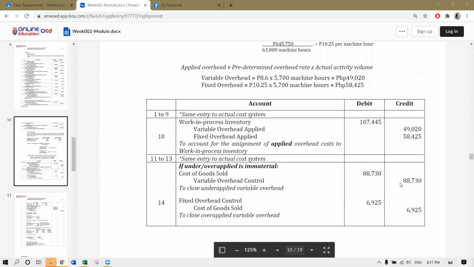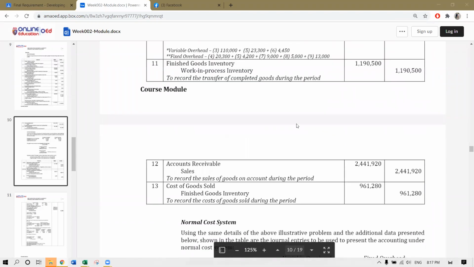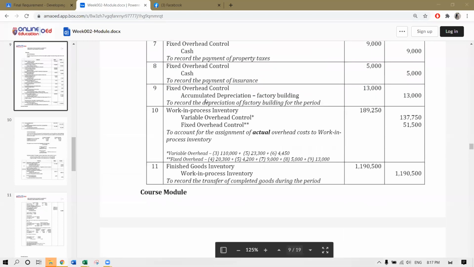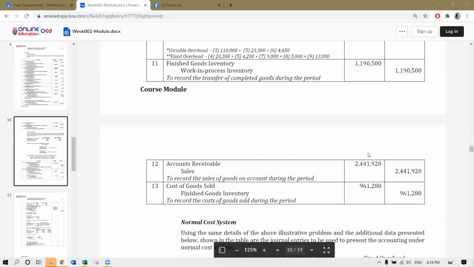Let's check whether the fixed overhead applied is under or over. Let me check the fixed overhead cost. Here is the actual, since we are using actual costing: 51,500 was actually spent for fixed overhead control.